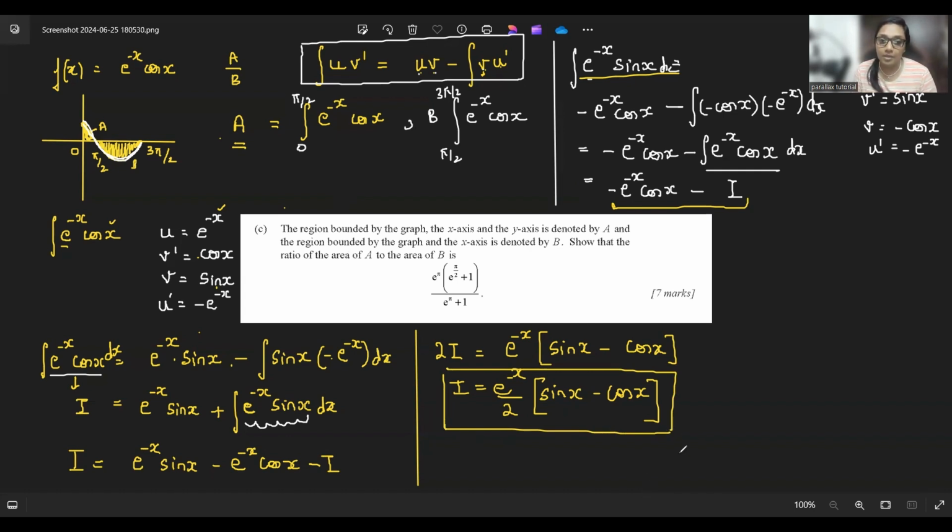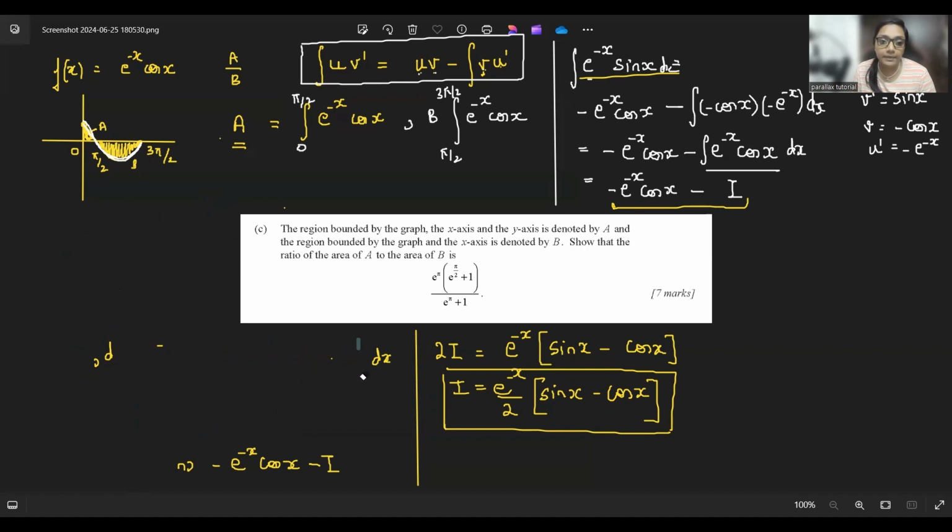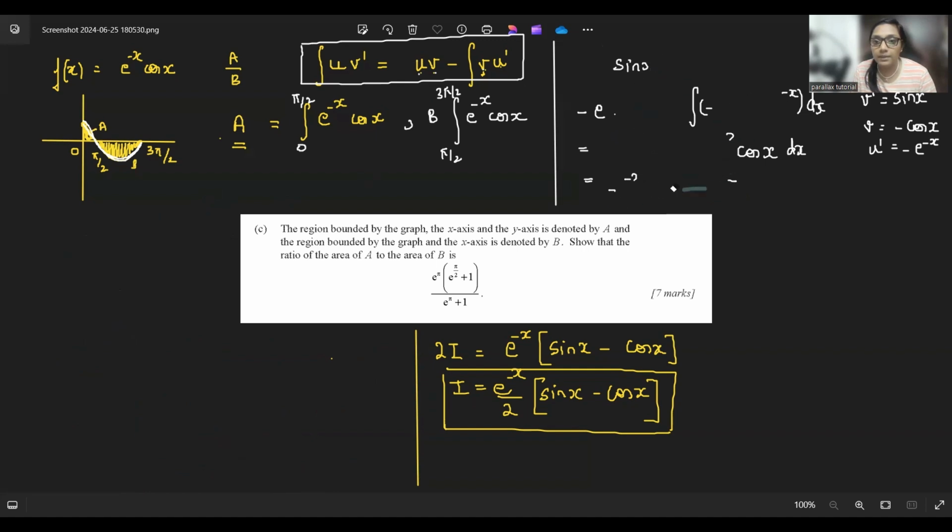This was the main integration which we have done. I'm going to erase this part so that now, since we already have the integral, we can start calculating the area. We'll do it individually and later we will combine and see whether we get the answer or not. So let's begin. We don't need this because we've already got the value of the integral, so we can erase this as well.